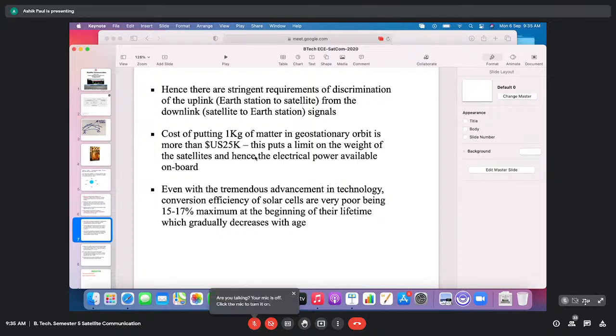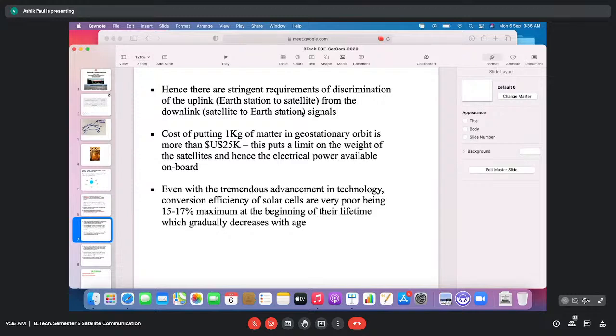Because of these sequential processes, there is a very stringent requirement for discrimination of the uplink and downlink signals. That means there should be a clear difference between the uplink signal, which is from the Earth station to the satellite, and the downlink signal, which is from the satellite to the Earth station.